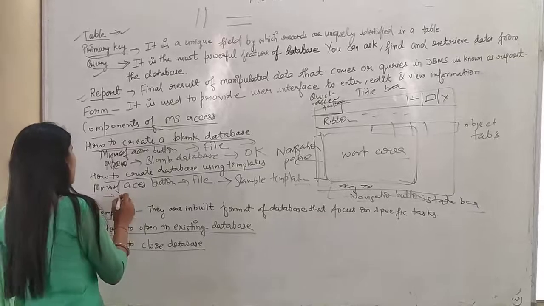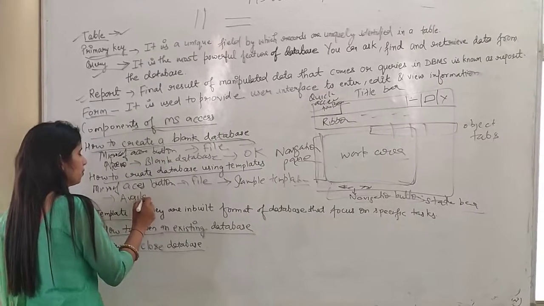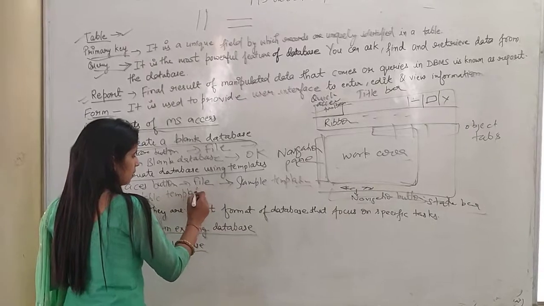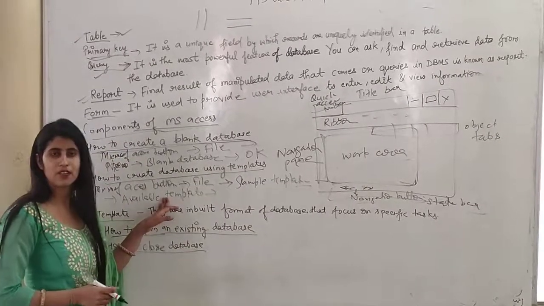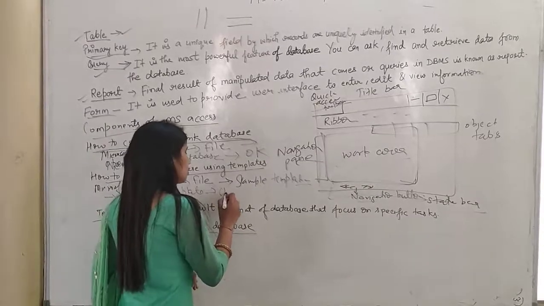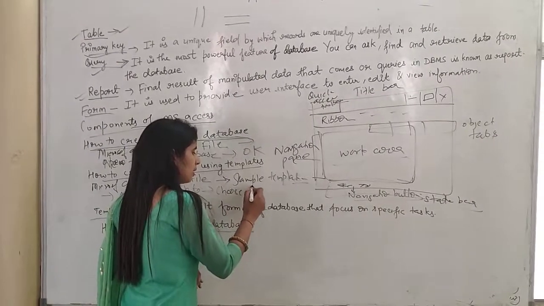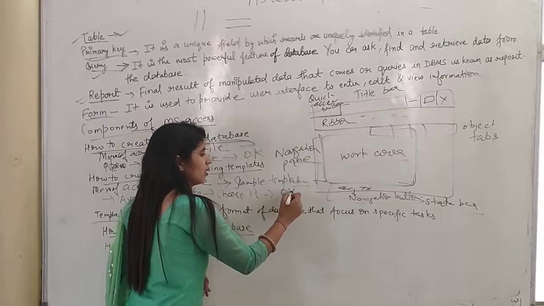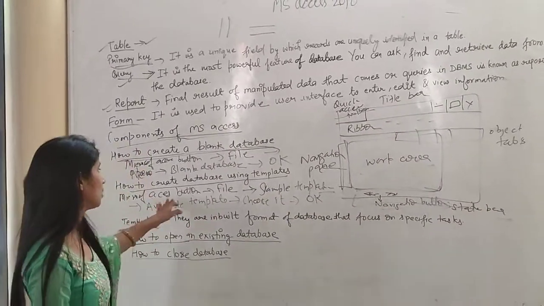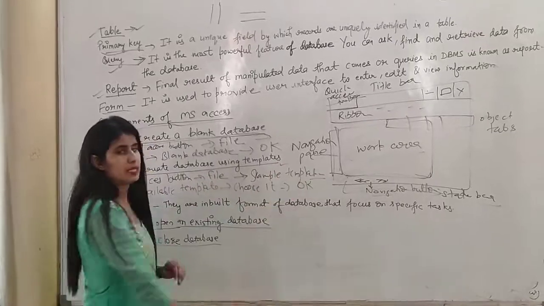Then after it will show you the available templates. You will choose the template and then you will click on OK. This is the procedure of how to create a database using templates.